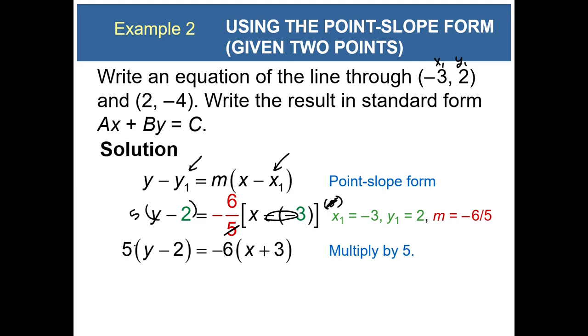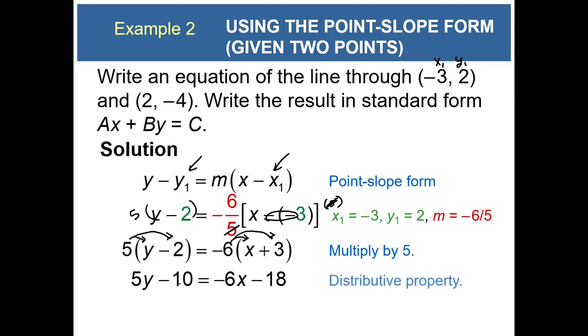Let's distribute the 5 throughout the left side, and we'll distribute the -6 to the right side. That results in 5 times y is 5y, 5 times -2 is -10, -6 times x is -6x, -6 times 3 is -18.